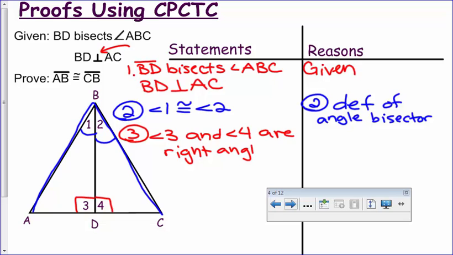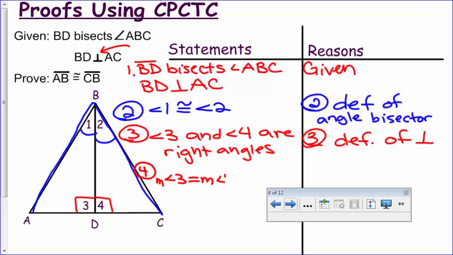The reason being definition of perpendicular. Okay? So now, because they're right angles and all right angles are congruent, then we know that angle 3 is congruent to angle 4. So the measure of angle 3 we'll say is equal to the measure of angle 4, which equals 90 degrees, because all right angles are congruent.